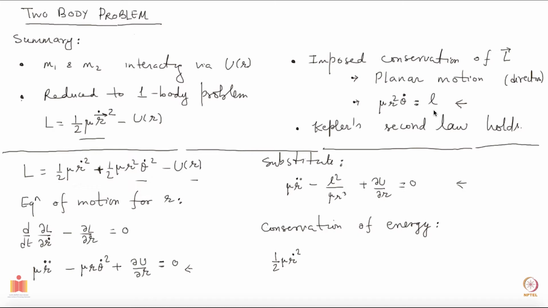Okay, so I get half mu R dot square, and maybe I should write half mu R square theta dot square plus U of R is the total energy, and this is a constant, as I have repeatedly said, determined by the initial conditions.